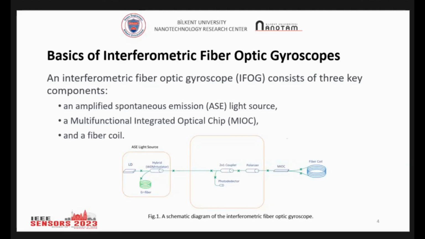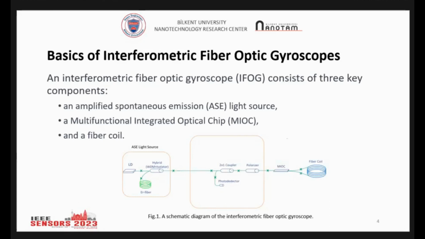The third one is the most important component, the sensing element of the fiber optic gyroscope, the fiber coil. This is the single-axis gyro configuration. One can want to work on 3 axes. You can supply 3 axes with these light sources because, as I mentioned earlier, the light source has high optical power to feed all the 3 axes.